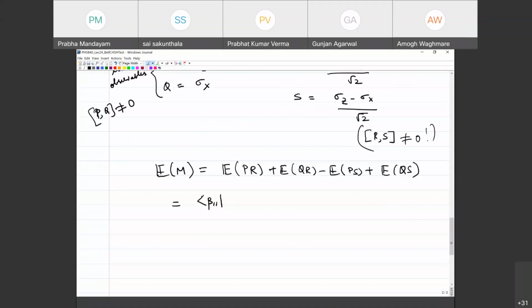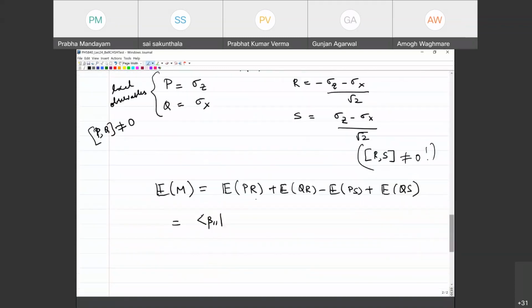now what do you mean by saying PR? Remember that when I say PR, it means P in subsystem A, tensor identity in subsystem B, times identity in subsystem A, tensor R in subsystem B. But as I hope we discuss when we discuss the Kronecker product, this is the same as P times identity, which is just P, so this is PA tensor RB, right?